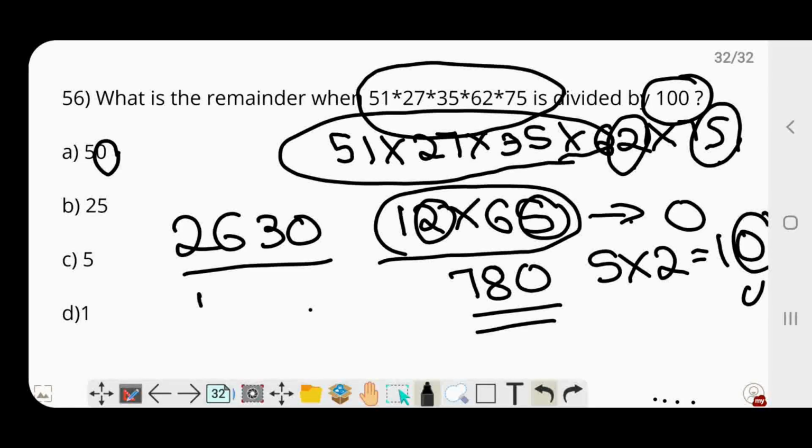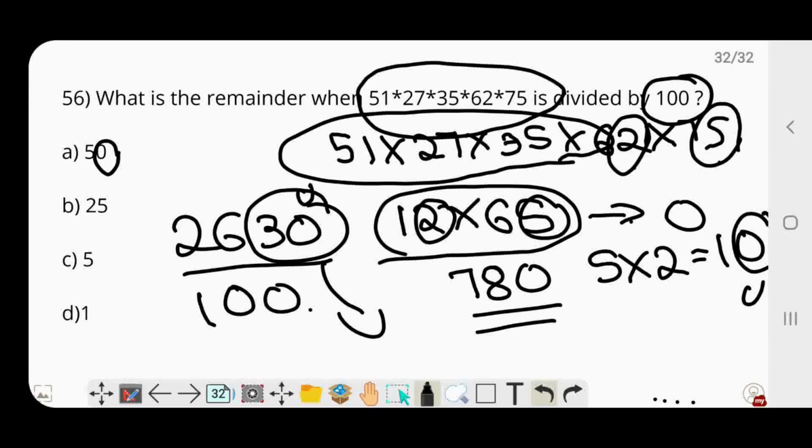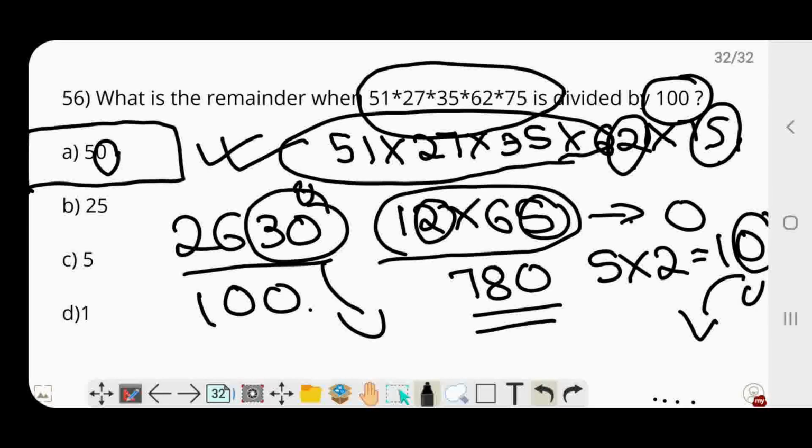When I divide it by 100, my remainder would be 30, which has 0 in its units place. So once I'm sure that I'm going to have 0 in the product, then my remainder necessarily needs to have a 0. So 50 will be the right answer. I've not even calculated what the product is, and it's not necessary either.